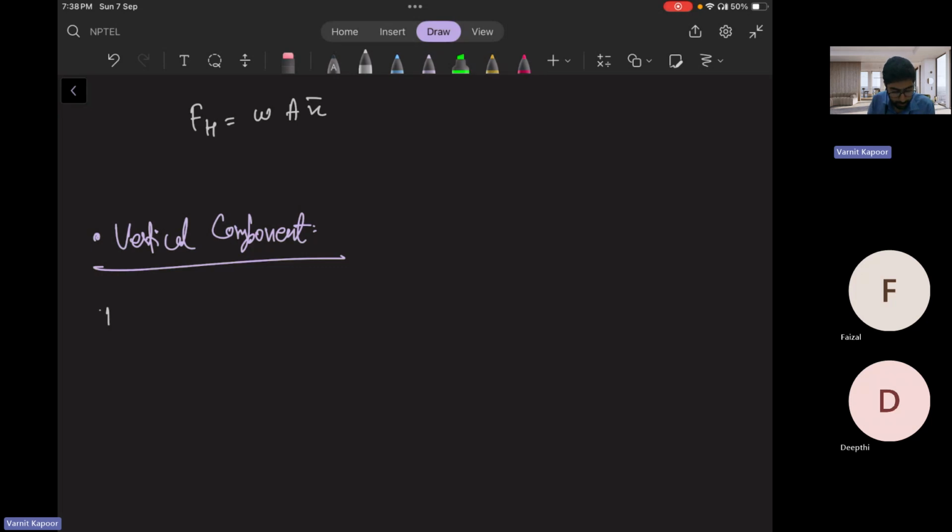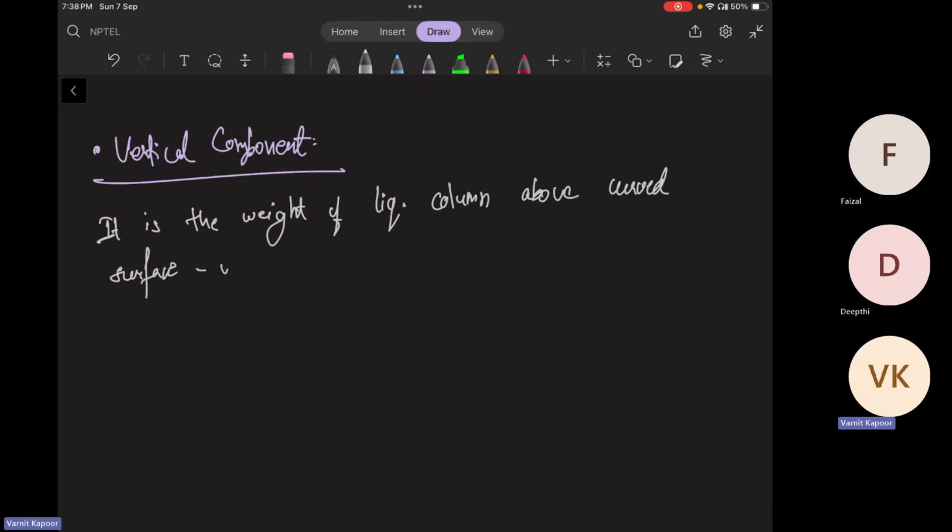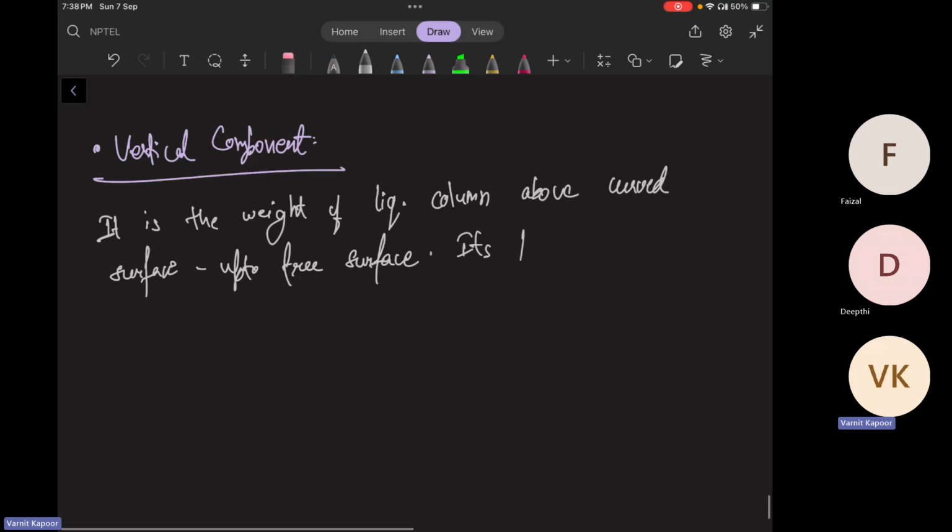So let me write, it is the weight of the liquid column above the curved surface up to the free surface, and its point of application is the CG of the corresponding volume.